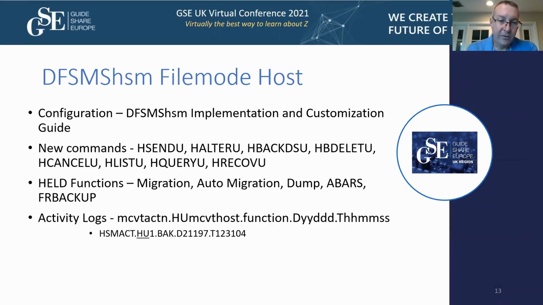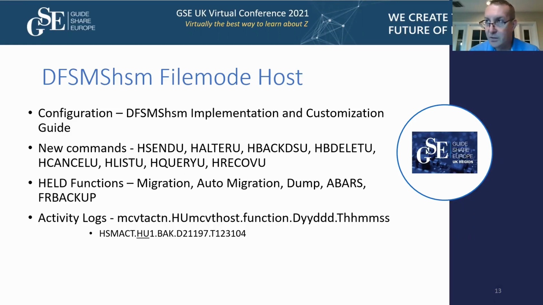As part of this support, I added some new commands, and basically they're the existing commands, except they have a U on the end for the Unix host. So hsendu is the command you would use to send storage administrator commands to the file mode host.